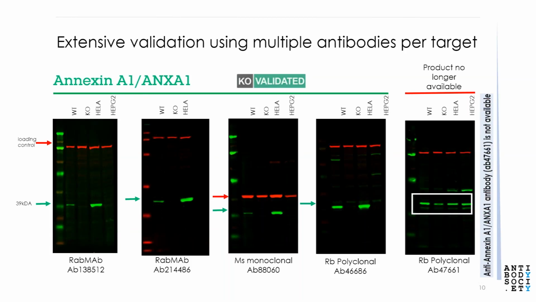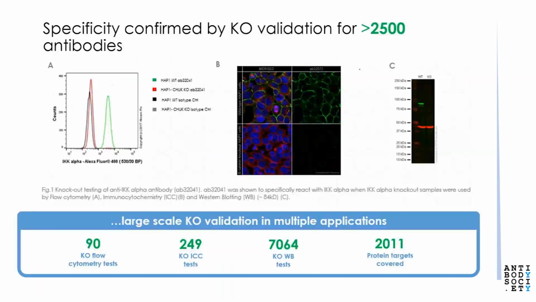So importantly, as I mentioned before, this effort has been done above and beyond the already comprehensive validation that we have used since we started. It's been a really great initiative for us. We know that not all of the antibodies will work in Western blot.